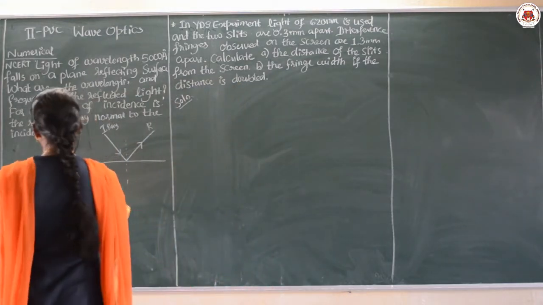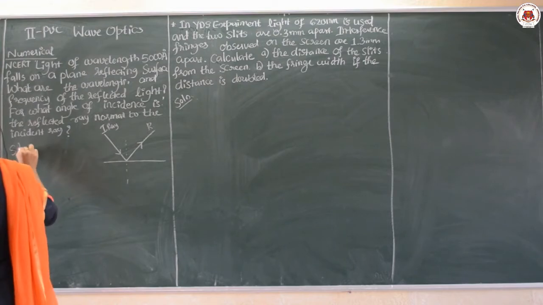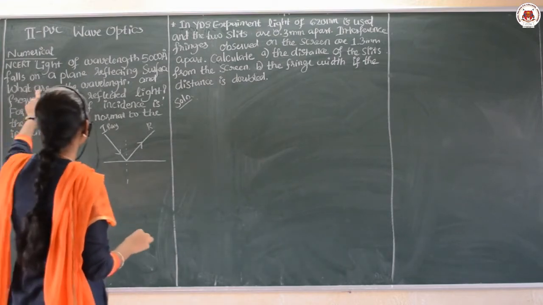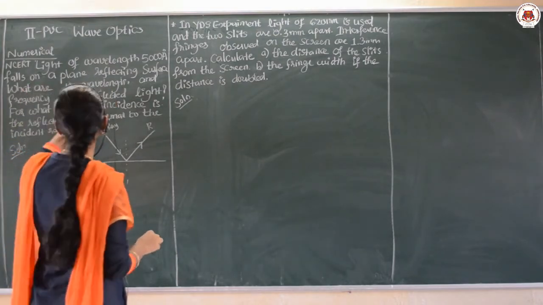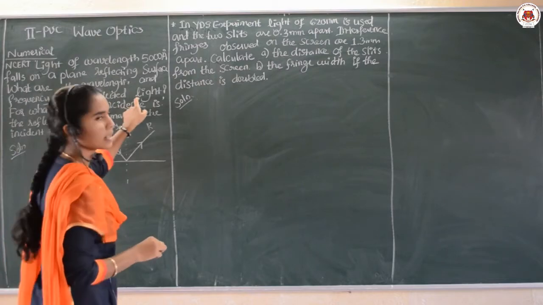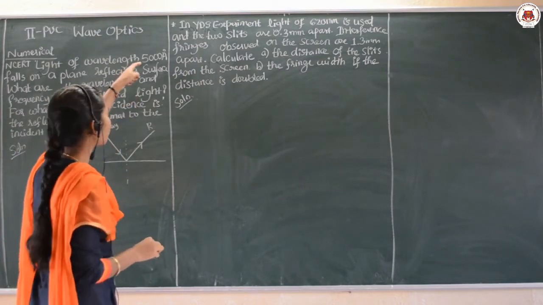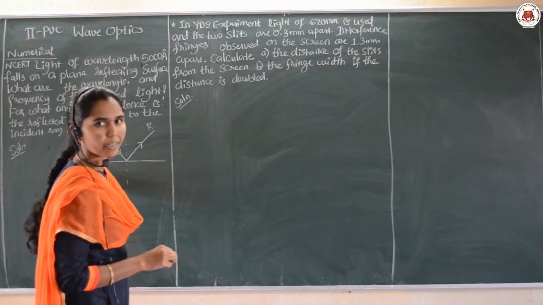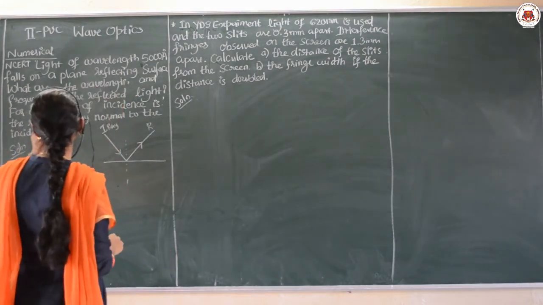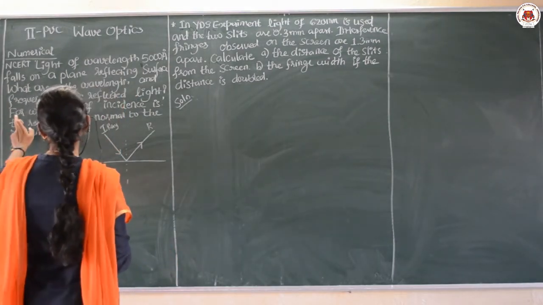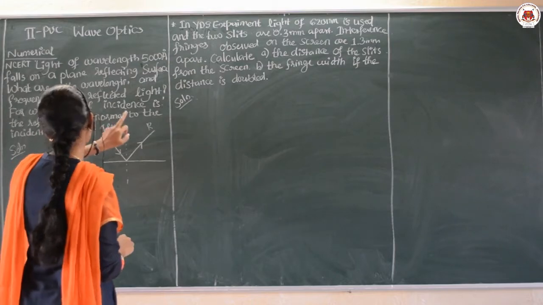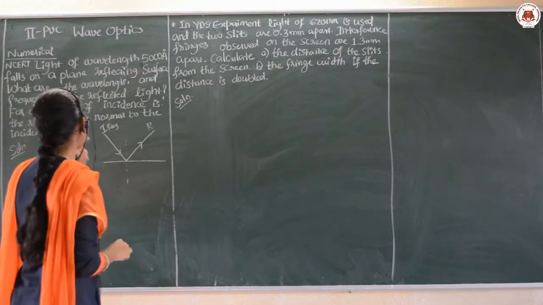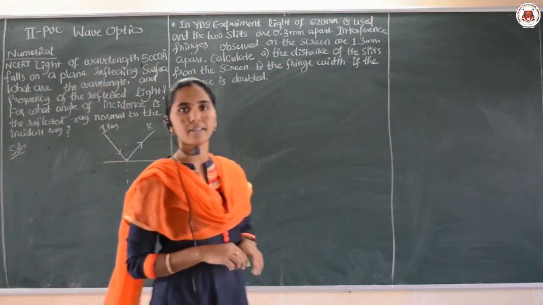So, what are the wavelength and the frequency of the reflected light? The wavelength is the same as the incident, only the frequency we need to calculate. Then the question continues: for what angle of incidence is the reflected ray normal to the incident ray?